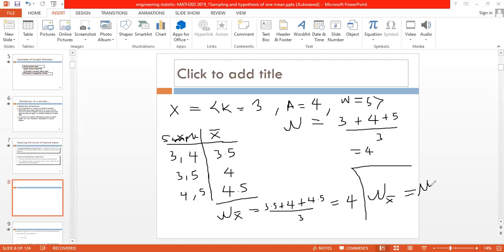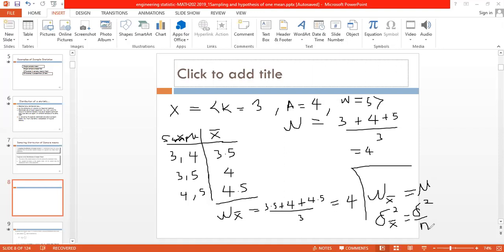And then again, that can also be verified. The variance of X bar, the variance of the sample mean, is equal to the variance of the population over N. And then if you want the standard deviation, you find the square root of both sides.